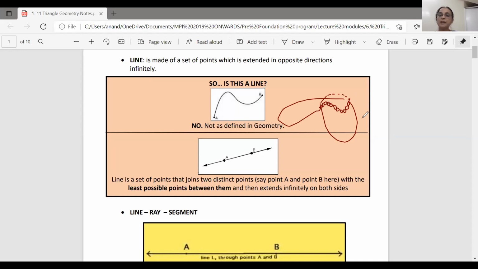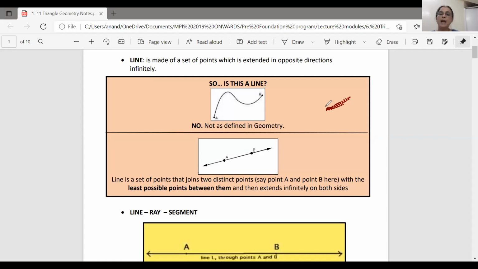Then what will we call a line? When I'm using minimum marbles to connect them. And there will be only one way in which I will be using minimum marbles to connect these 2 points. There cannot be any other way to connect these 2 points using minimum marbles.